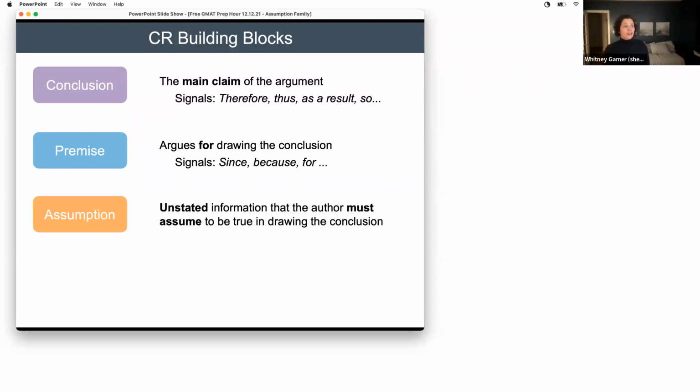We then have the assumption itself. An assumption is the one thing that's not on the screen. This is the unstated information. An assumption is something that the author believes or knows, but hasn't bothered to tell us. It is often the glue, the bridge that connects the premise, what we've been told, to the conclusion, what we're meant to believe.